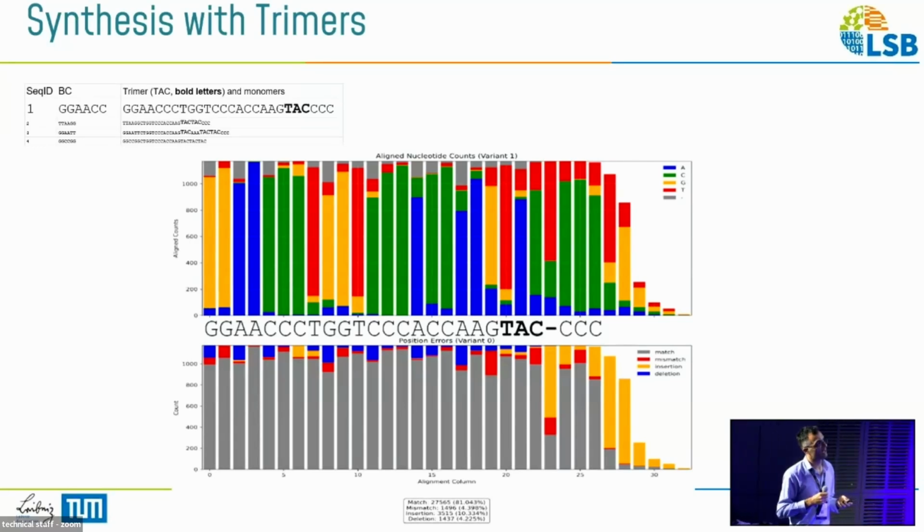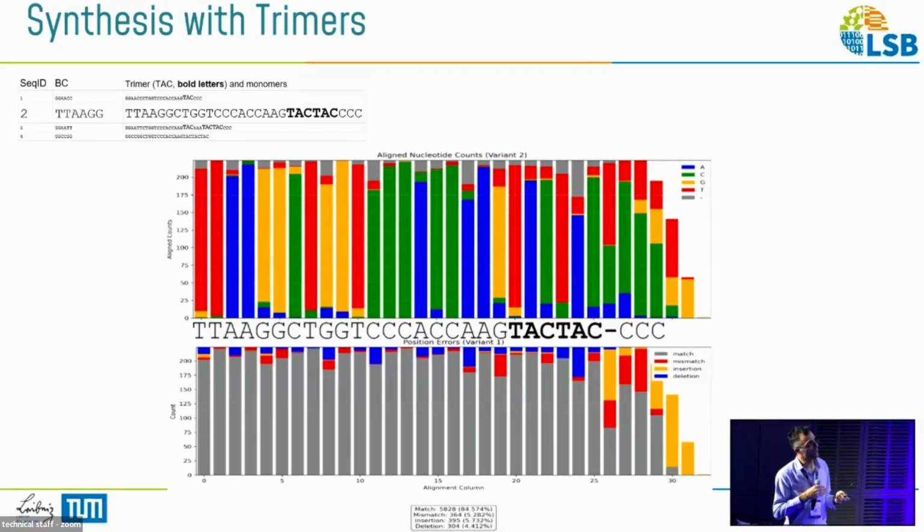We had a very good result in this variant at the first sequence. This result is very promising for us because in the end, we are going to use a mixture of these trimers. This is not the final step. This is just proof of concept that we can use the trimer in the sequence.